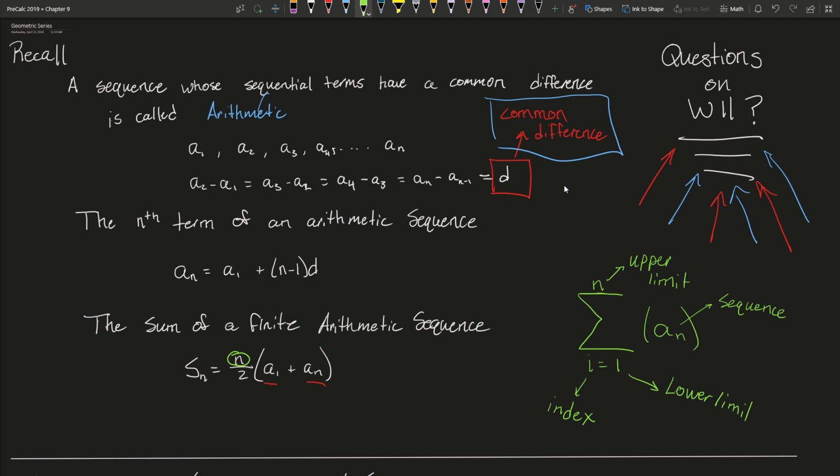So I want to take a second and just take any questions from IXL W11. It didn't seem like there were any, but I'll take another quick look. And while I'm doing that, make sure you have a notebook handy, and we'll get started right after that.